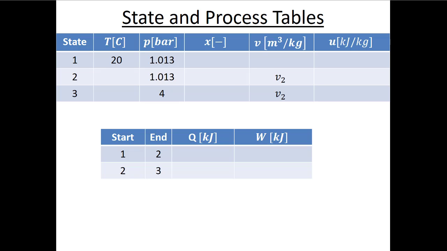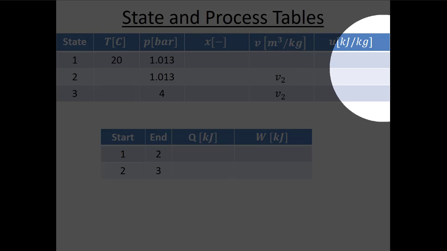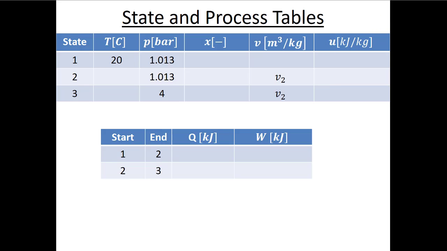If a state table had not just specific internal energy but also specific enthalpy or specific entropy, you might spend a lot of time filling out those parts of your state table, and then you get to the equations and realize you don't even need that information, right? So my advice is to figure it out symbolically first, and then fix the pieces of information that you need to do your equations.